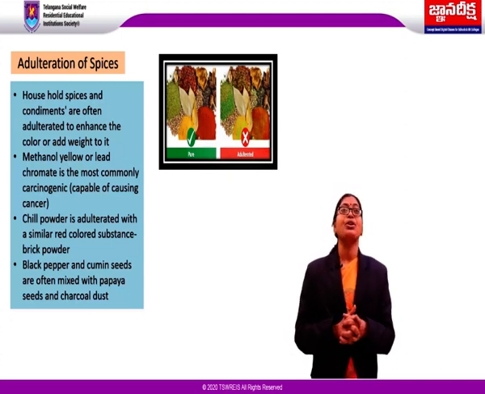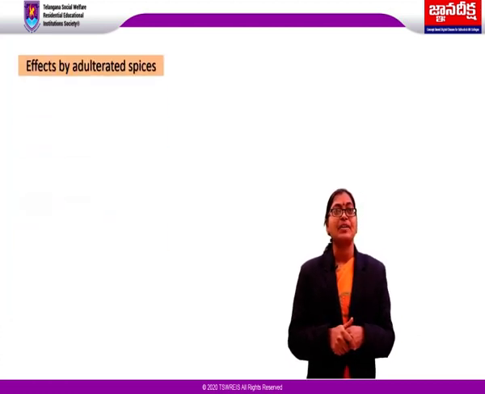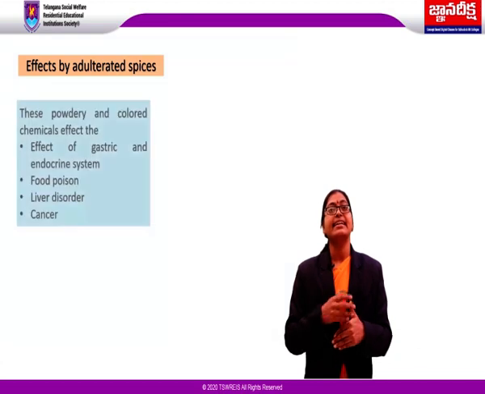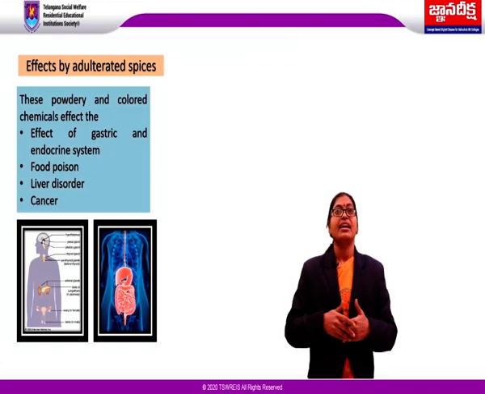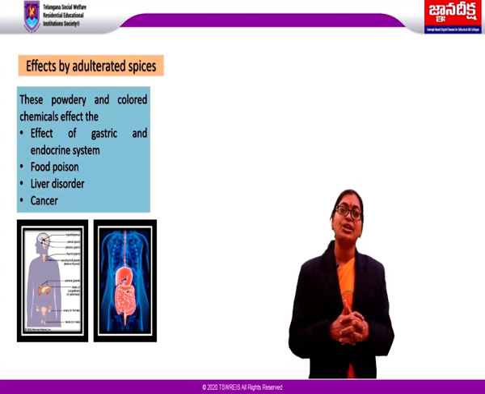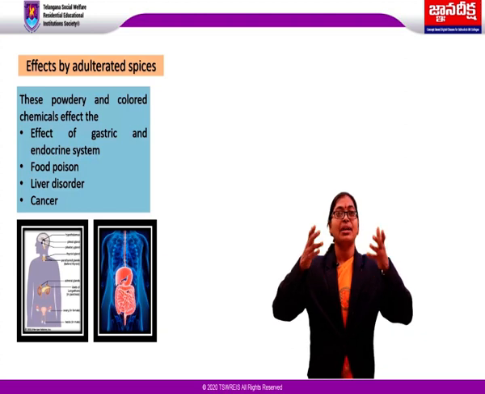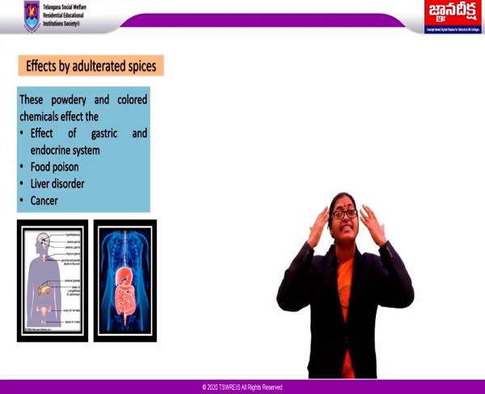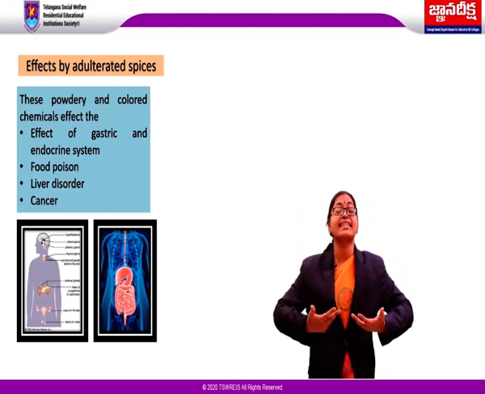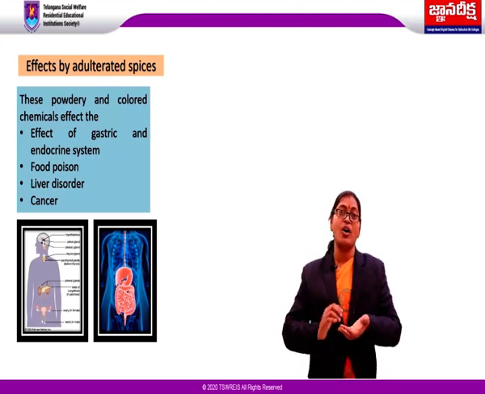Now children, we are going to see the effects of adulterated spices. These powdery and colored chemicals affect the gastric and mainly the endocrine system. What is meant by the endocrine system? Endo means inside. Crane means the shell, the skull, the protective skeleton system which gives protection to very smooth organs.